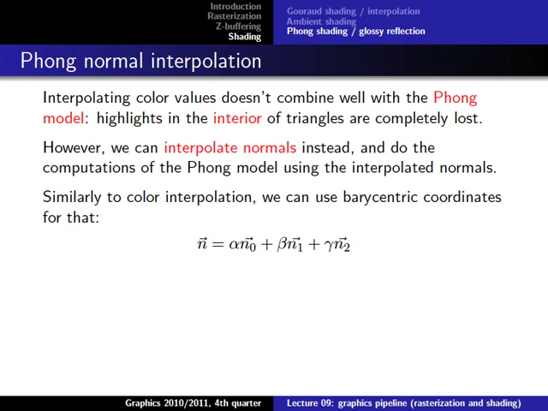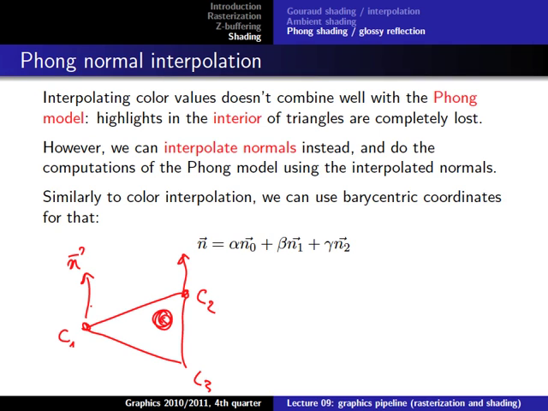So if we have a triangle and then we use the normal vector here to calculate this color, and the normal vector here to calculate this color, so C2, C1, and then here C3, then these only depend on this here, so we cannot model a bright spot somewhere here. That doesn't work with this Gouraud shading. So we could of course make smaller and smaller triangles, but that is not very efficient.